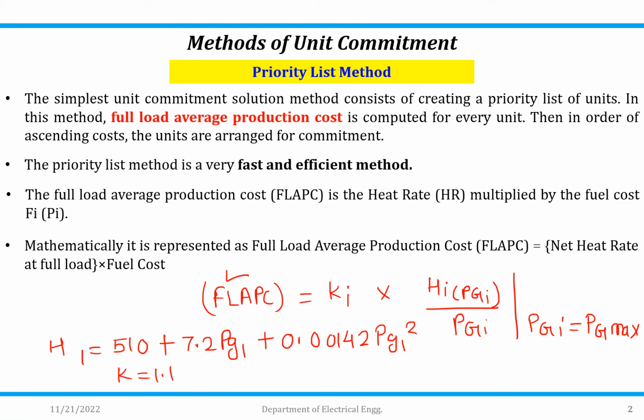Suppose the minimum and maximum generation of Pg1 is also given, in between 150 to 600.